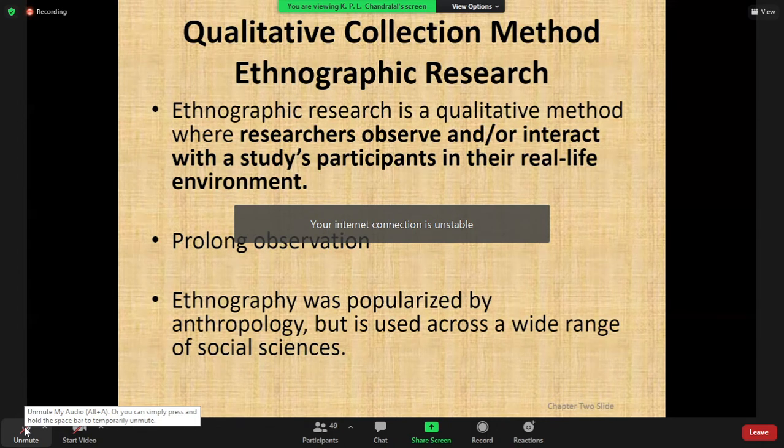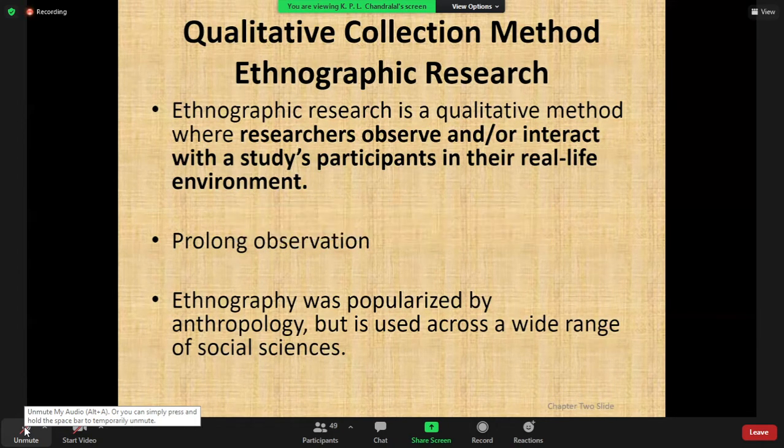This technique spreads across different disciplines, even in marketing. So, for example, Nokia, when they introduced a low price version in African countries.